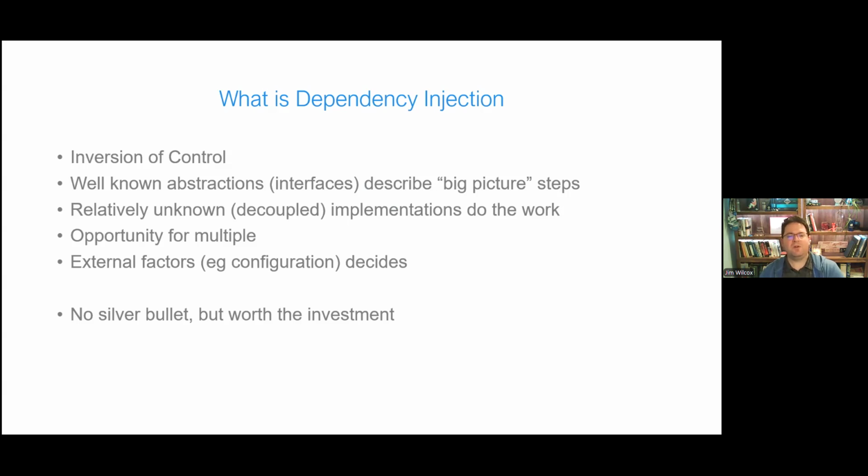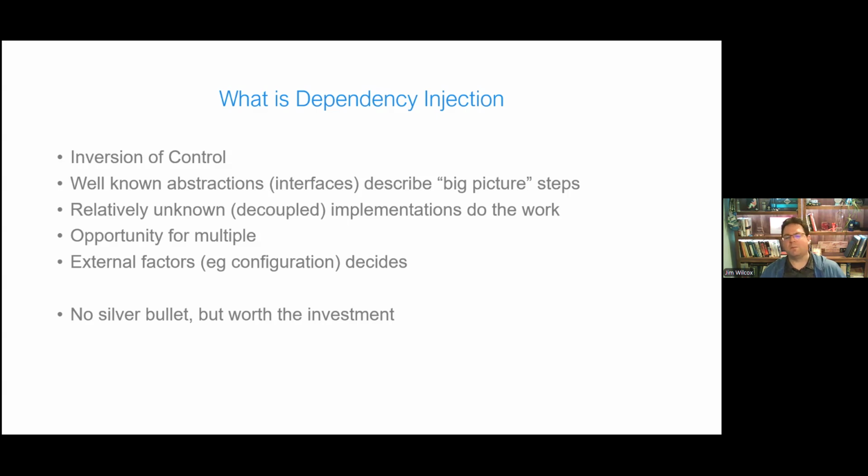And with that, you have the opportunity for multiple implementations. So different implementations might have different dependencies. You might have an interface that describes a contract for saving content of some sort.